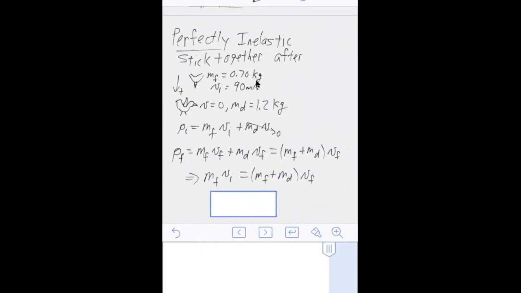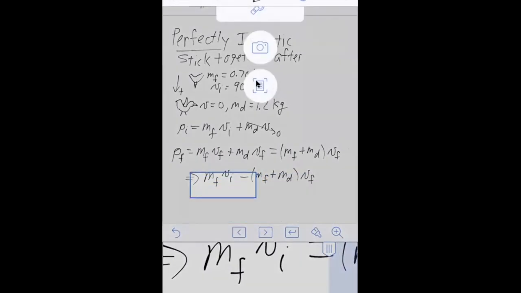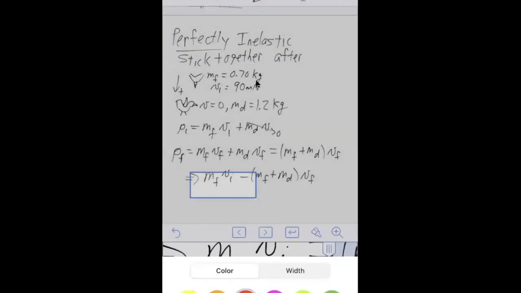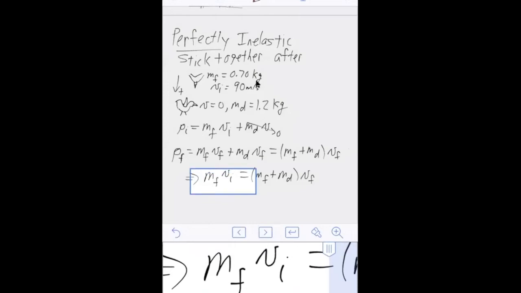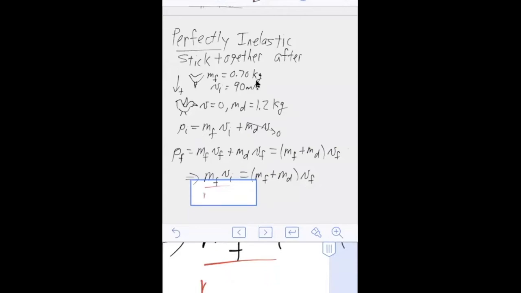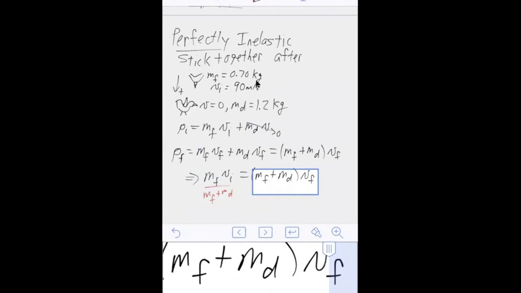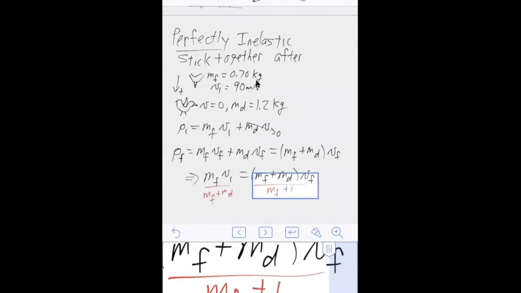And I know everything except the final velocity, so I'm going to divide both sides by that combined mass, m_f plus m_d.